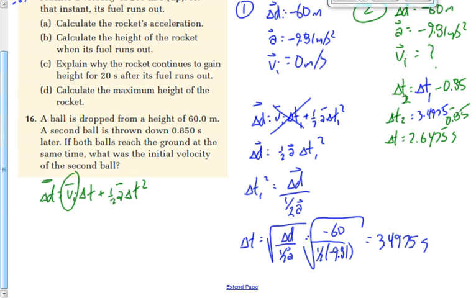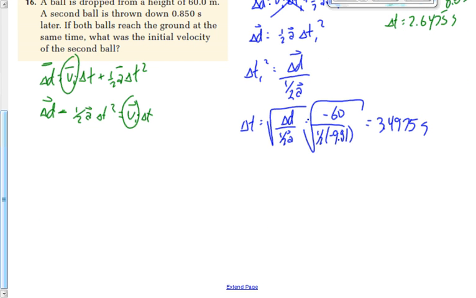How do we get rid of that? No, it's added to it, right? So we get rid of it by subtracting. So it becomes d minus 1/2 a t squared equals v_i times t. When I get v_i by itself, now it's easy, right? Get rid of what is attached, get rid of the t. So we take that over by dividing. d minus 1/2 a t squared over t equals v_i.